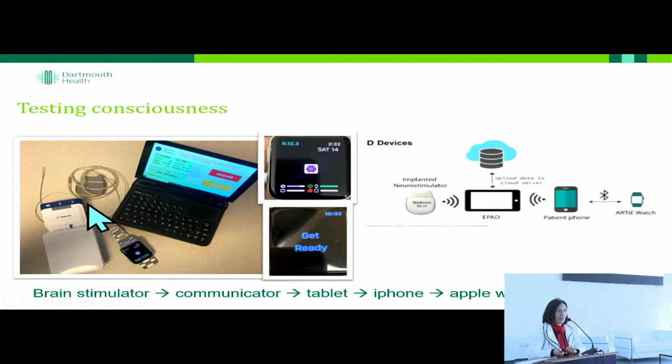So you just have to think about it: something goes off in your brain on ECoG, it triggers an Apple Watch, and the Apple Watch asks you questions about your name and what date it is. This is how we assessed consciousness. You can, of course, imagine this is a technological nightmare. And the patients also have to charge all these devices, the iPad and the phone and the watch, but somehow we pulled it off.